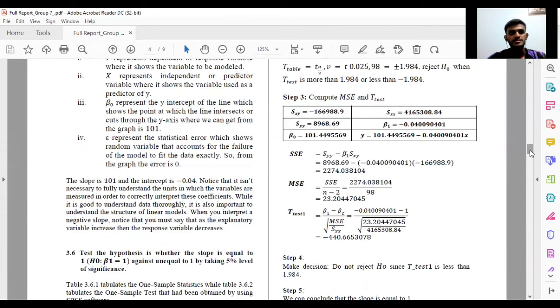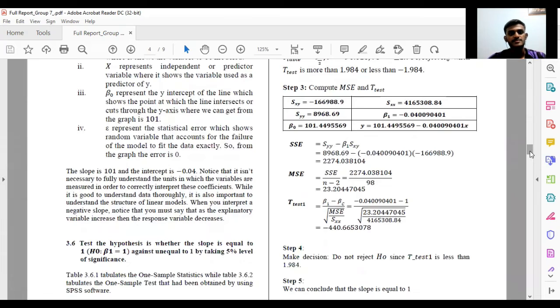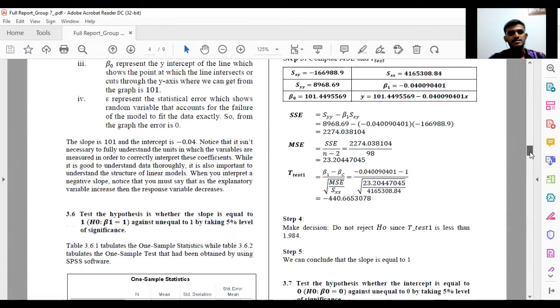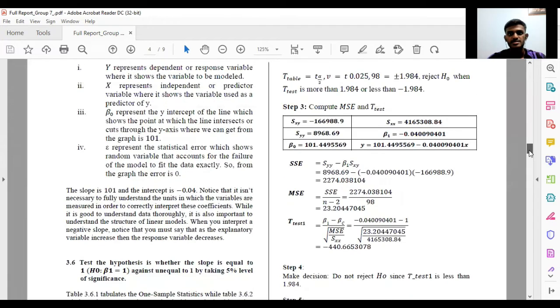For the next part, we have to test the hypothesis of whether the slope is equal to 1 or unequal to 1 by taking a 5% level of significance. Table 3.6.1 tabulates the one sample statistics, while table 3.6.2 tabulates the one sample test that was obtained by using the SPSS software. The computation of MSC and t-test is shown below.